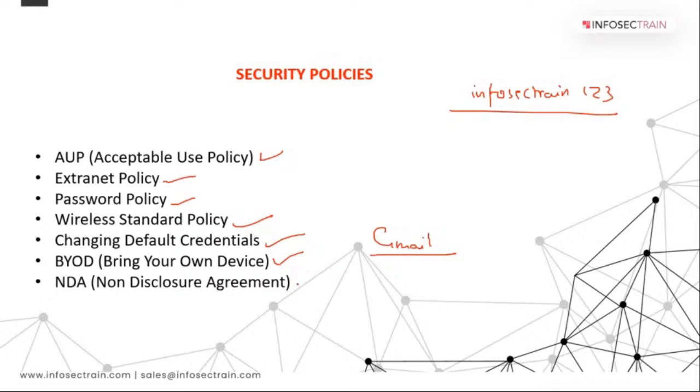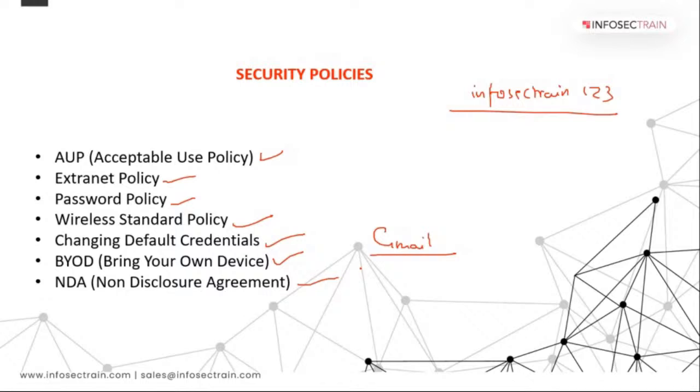Now, non-disclosure agreement. Non-disclosure agreement is what? This is a legal document between two parties, you and the organization, right? That there are restrictions on sharing any confidential information with the outside parties. So you cannot share the information about your organization with the third person or any third party or any outside party.